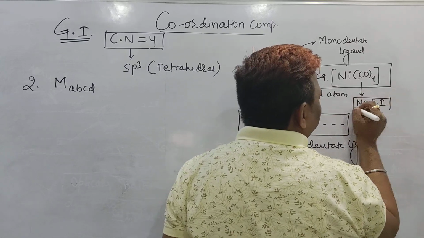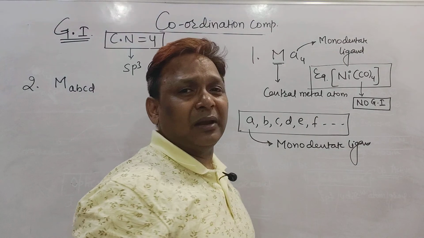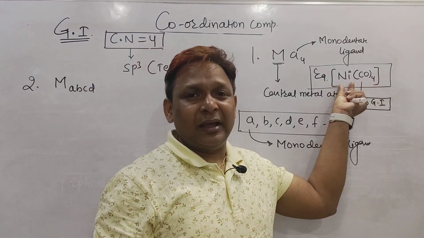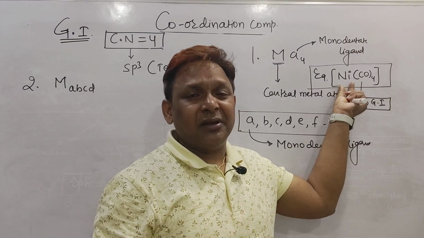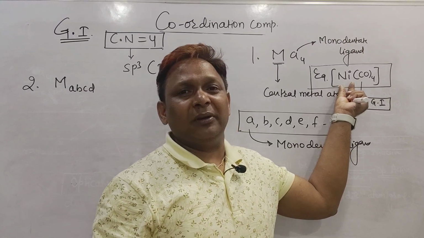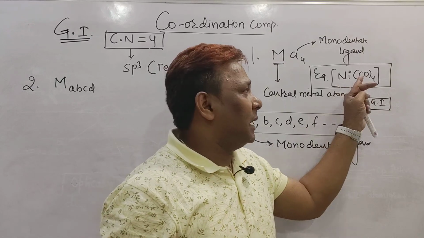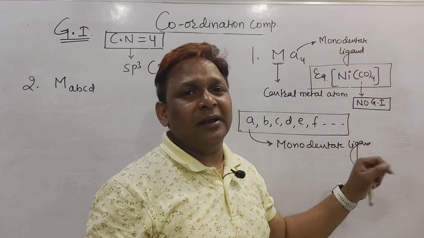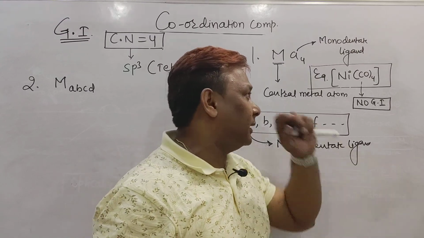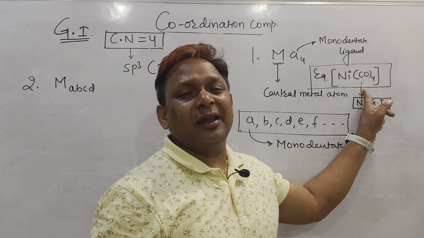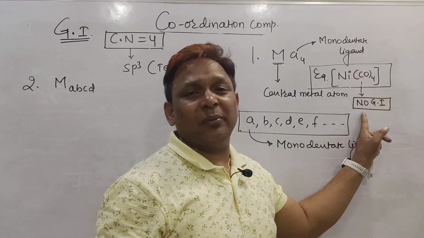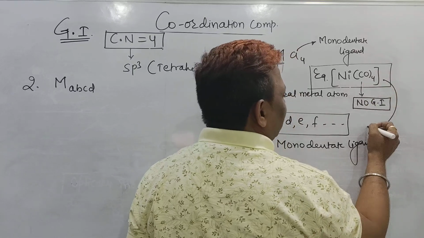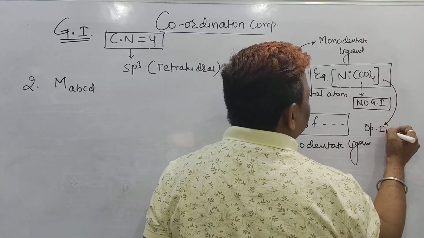If anybody asks how you know, you have to say, sir, in this complex central metal Ni will have sp3 hybridization, which means a tetrahedral geometry, and in tetrahedral geometry, by flipping any 2 ligands, CO and CO, there will be no change in the bond angle. As there will be no change in the bond angle, it does not show geometrical isomerism.